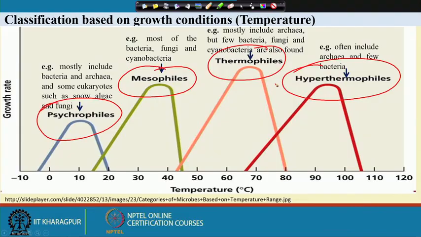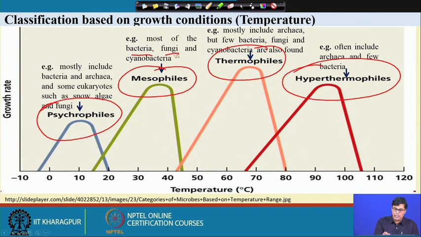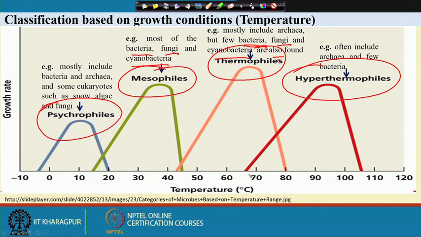For the mesophiles, we have a lot of examples. We have bacteria, fungi and cyanobacteria. And among thermophiles, we have bacteria, fungi, and cyanobacteria also found. They work at very high temperature, 45 to 60 degrees centigrade, and then 40 to 80 degrees centigrade, and hyperthermophiles 70 to 105 degrees centigrade.